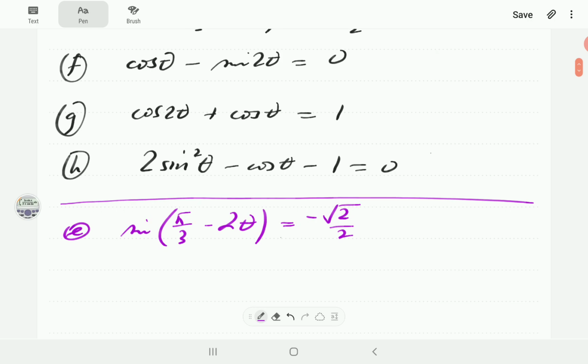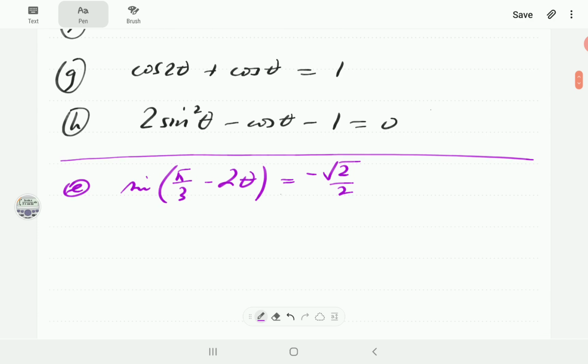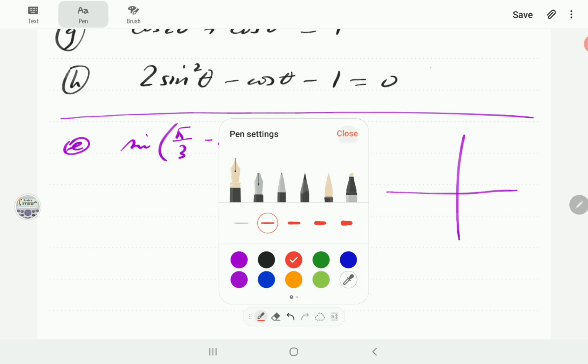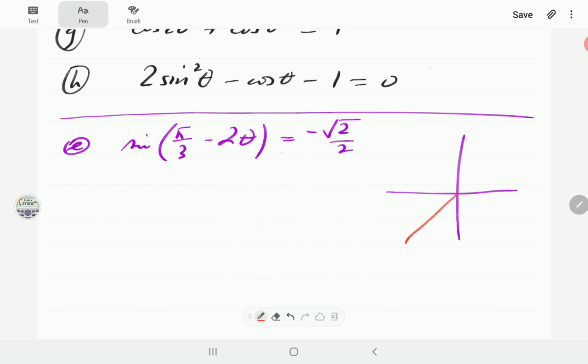So as usual, the first question we're going to ask is in which quadrant is sine negative, and we will remember that sine is negative in quadrant 3 and quadrant 4, so we expect two angles in those two quadrants when we take inverse sine.